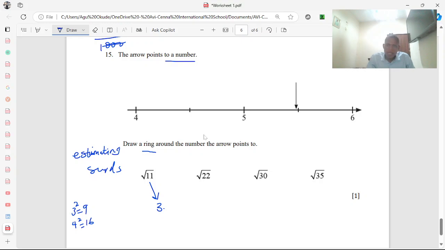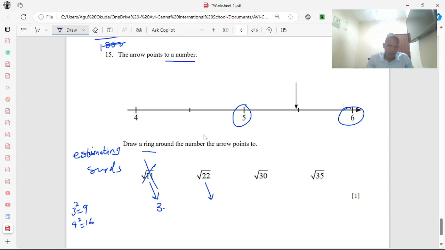Now mind you, you must check where your arrow is pointing. Now my arrow is pointing, which means my number must be between 5 and what? 6, right? That's why this square root of 11 is not the answer, because it's giving me 3 point something, so it's out. Okay, now let's continue. Square root of 22.